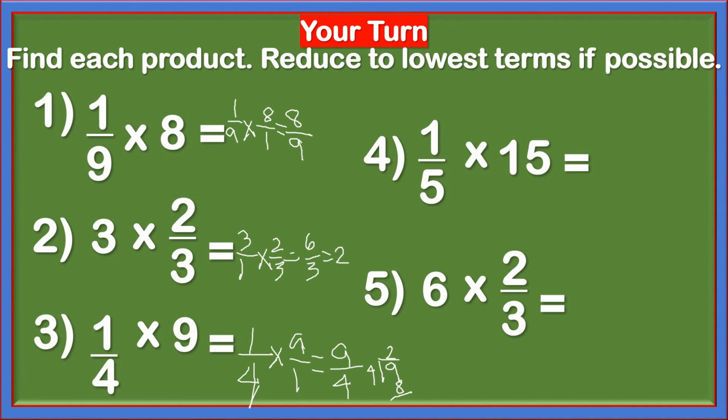Meron pa siyang isa pang remaining. So, it will now become 2. 2 yung whole number niya at saka yung remaining niya is 1. Then, the denominator is 4. So, the answer is 2 and 1/4.